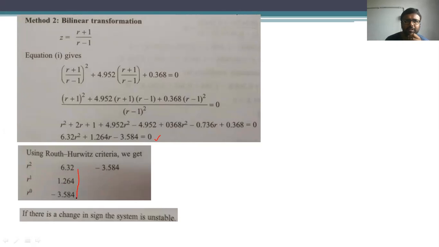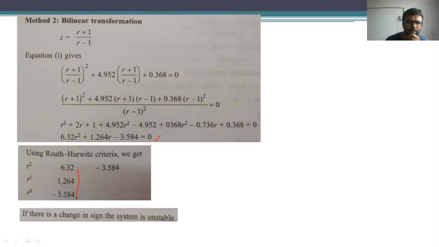With simple observation of the first column in the RH criteria table, we can estimate whether the system is stable or not. The first column of the RH criteria table should consist of the same sign for all the values.